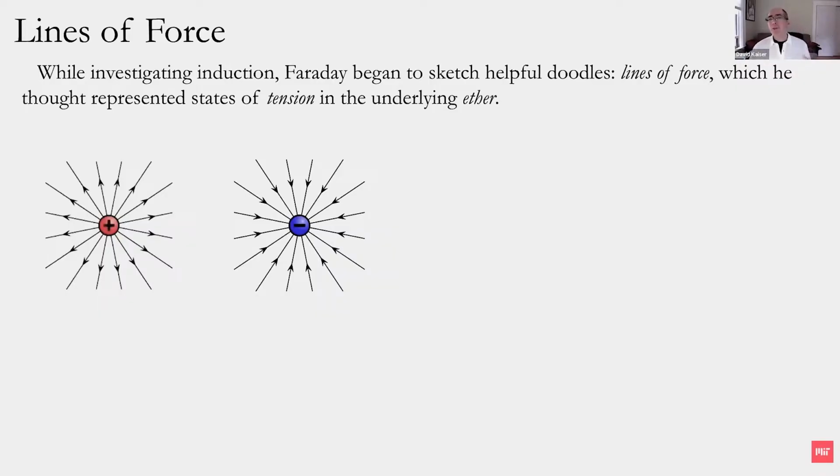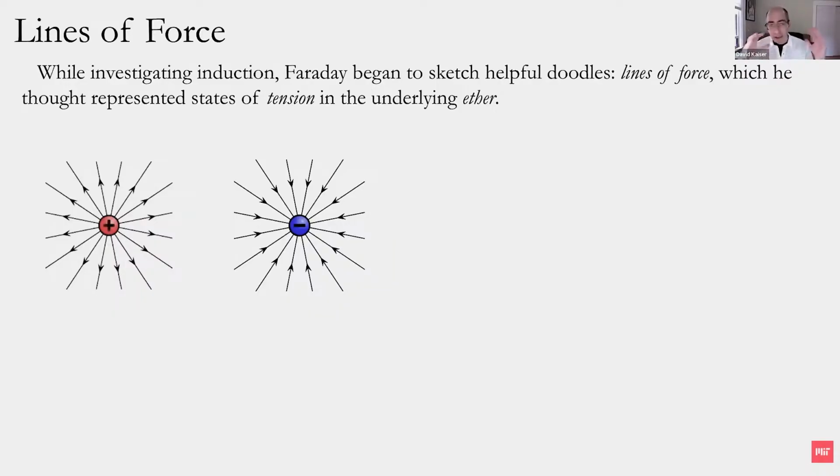He wants to keep track of this stuff, so he starts sketching these helpful doodles that he calls lines of force. As far as Faraday was concerned, these were lines of force to depict the underlying state of the ether. Remember, everything, as far as he's concerned, is what's going on with the underlying ether. So it must be, he begins to reason with these pictorial aids, that the ether could be put under states of strain or tension.